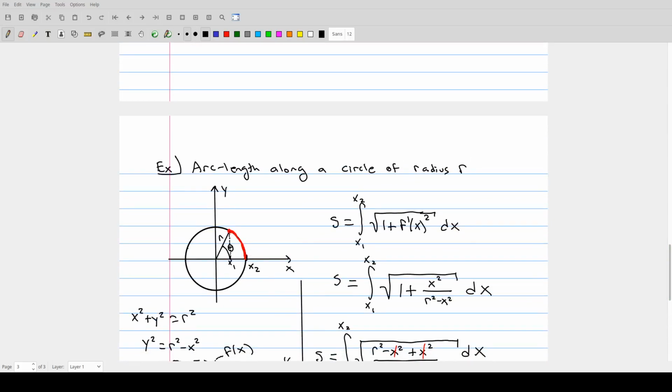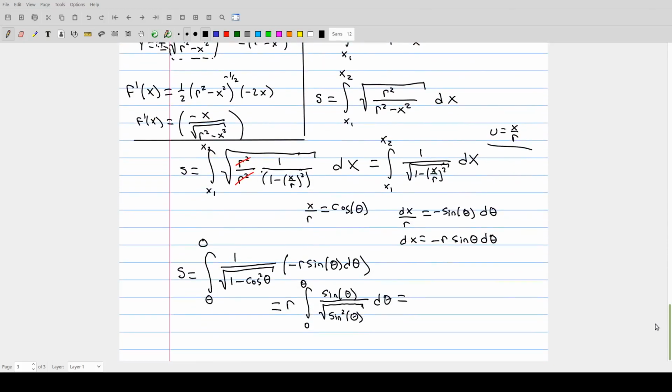Really, not just the first quadrant, but the entire first half. So for theta from 0 to pi, the sine function is positive. And because of that, this is the same thing as sine of theta over sine of theta, which is just 1. Square root of sine squared is just sine theta for theta from 0 to pi.